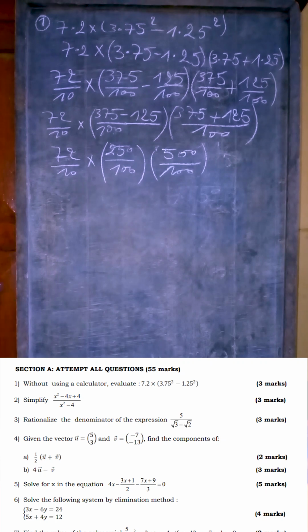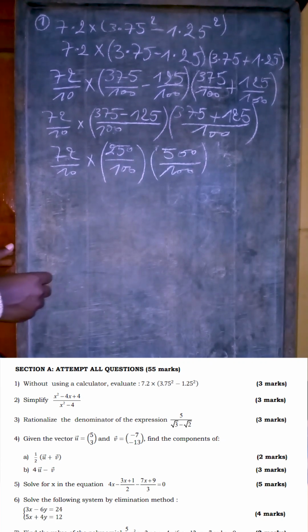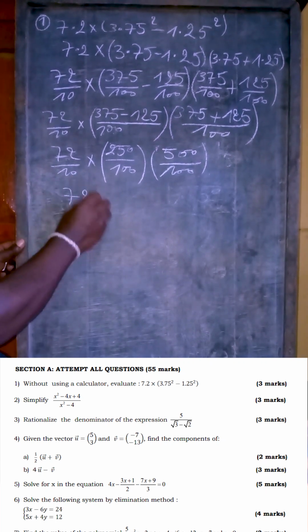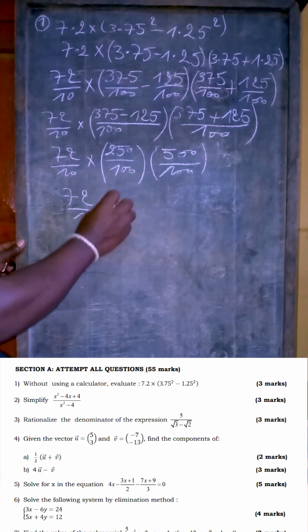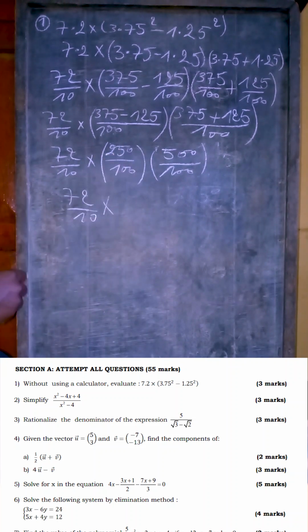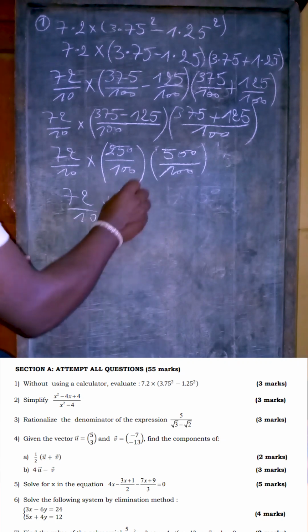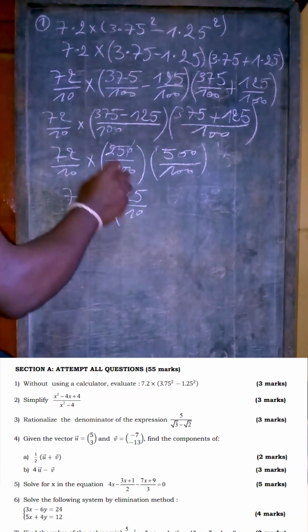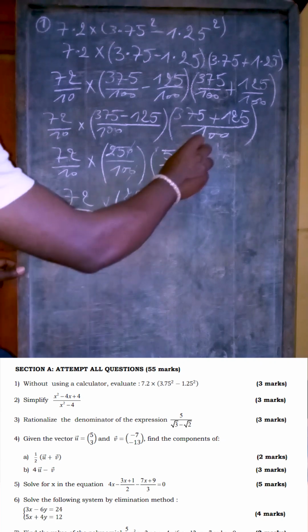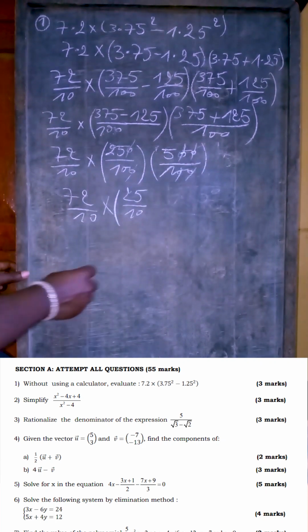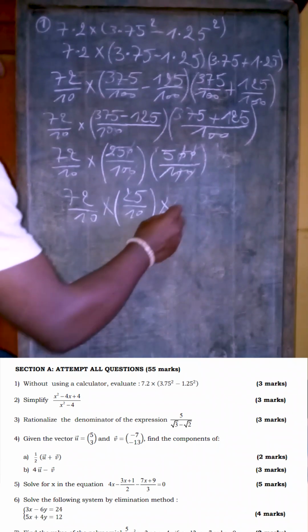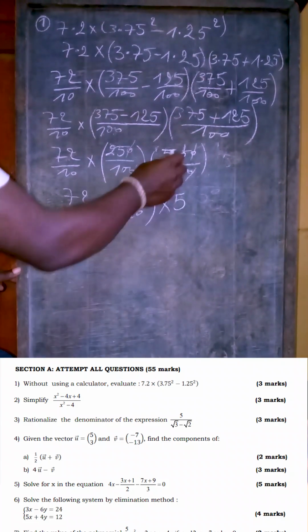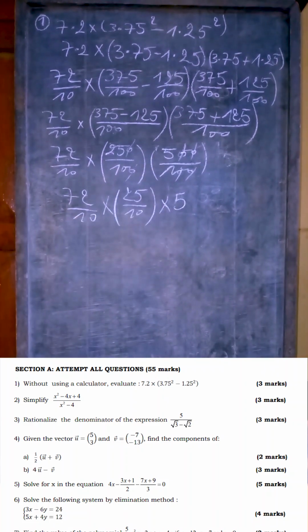By continuing, we have 72 over 10 times 250 over 100. It can be computed, but let us keep it as 25 over 10. By simplification, we cancel these zeros, and it will be times 5 only. Here we remain with 5 after simplifying.